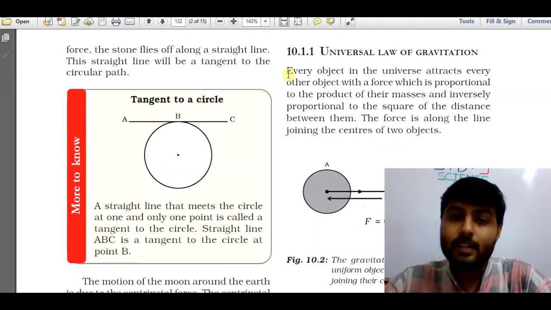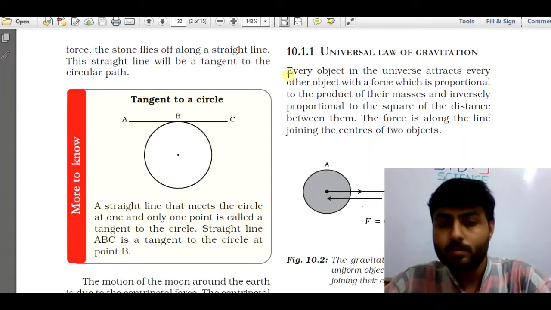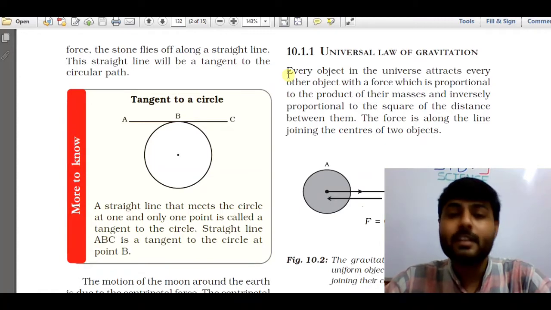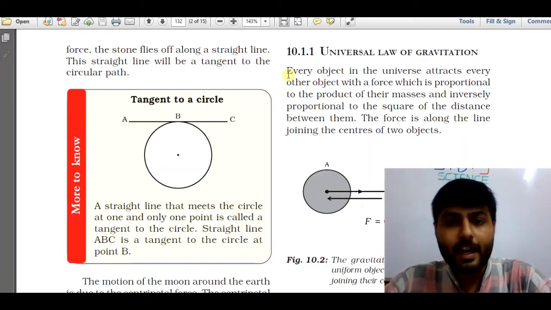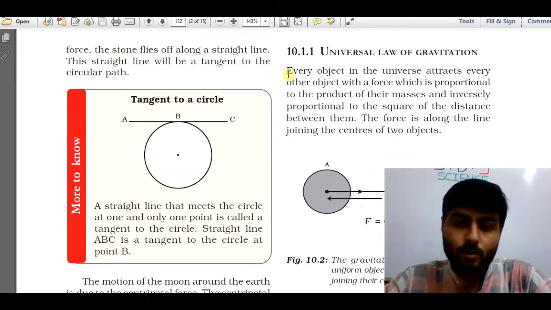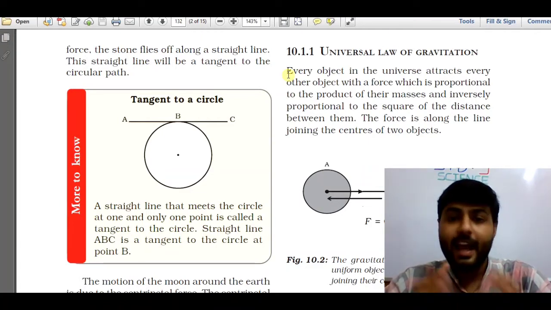Now to calculate this force, we need some formula, we need some law. So for deriving this formula, Newton observed some phenomena and behavior of objects, and from that behavior he arrived at the properties by which they exert force on one another. So we have the universal law of gravitation as a sentence.